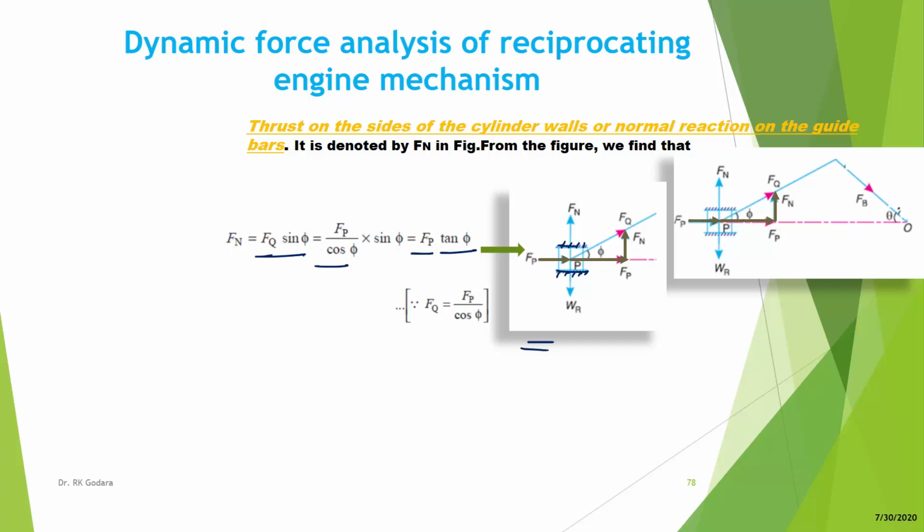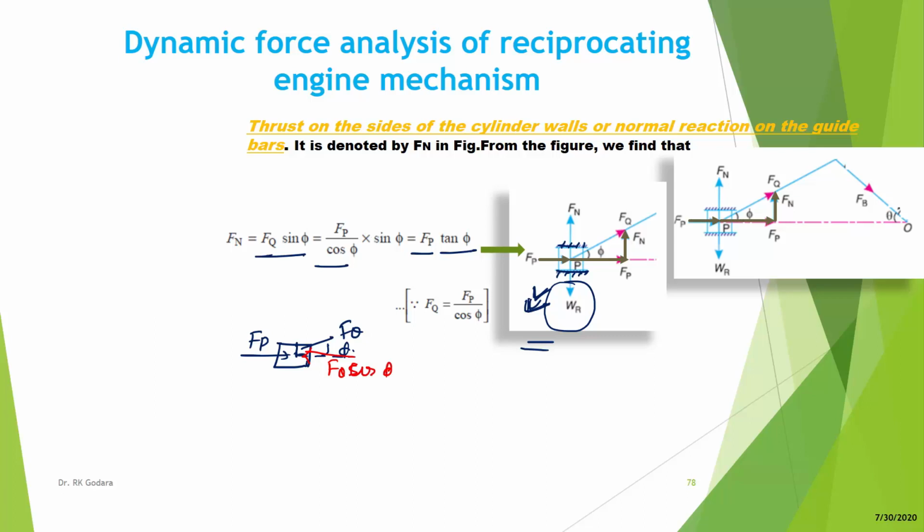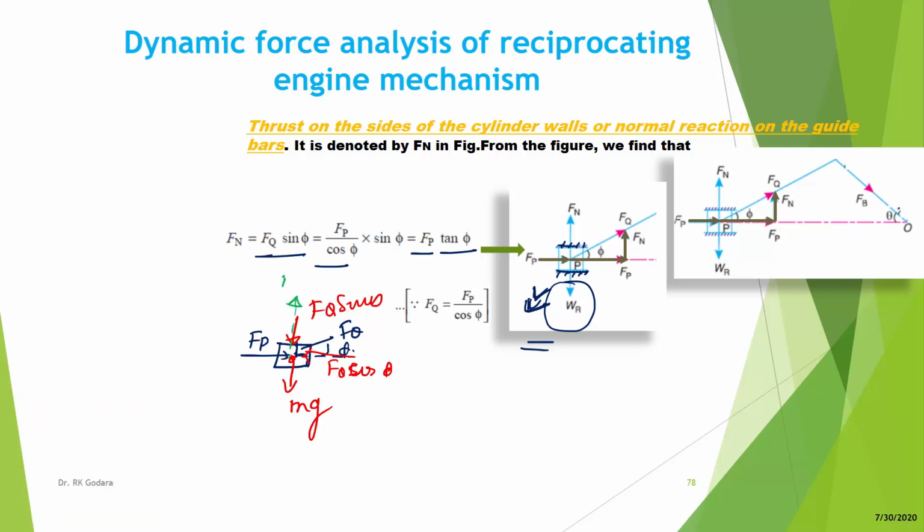Here we can also consider the weight mg. If we draw the free body diagram of the piston, this is Fp and this is Fq. Fq is the force applied by the connecting rod on the piston, and this angle is phi. If we resolve Fq into two parts, this part is Fq cos phi and this part is Fq sin phi, and there is the mg force and the reaction force, so the normal reaction would be in this direction, Fn.